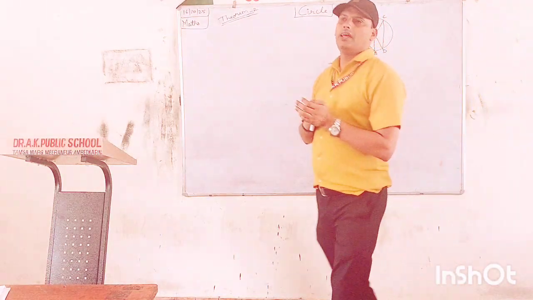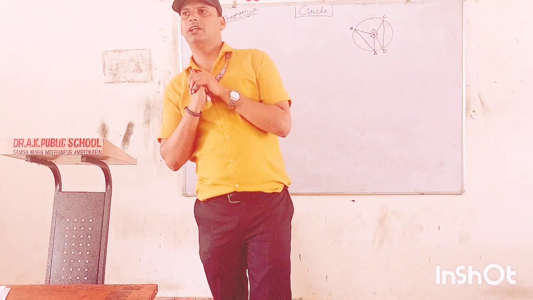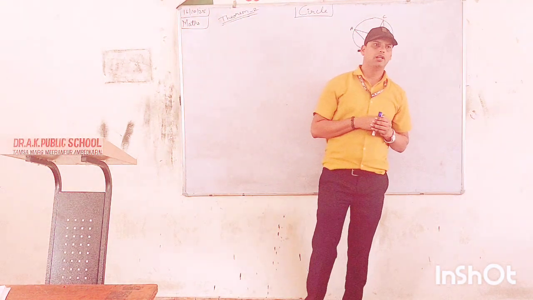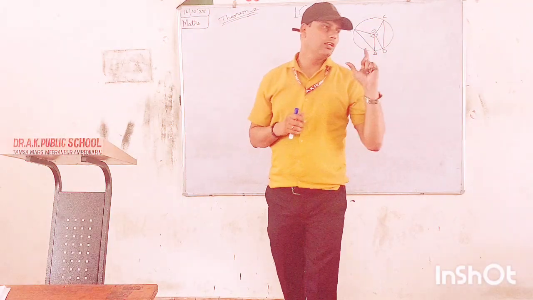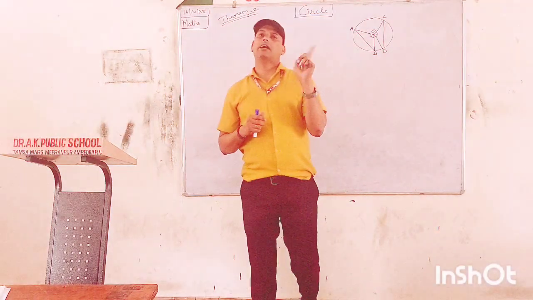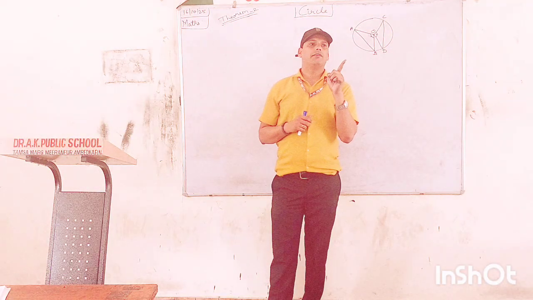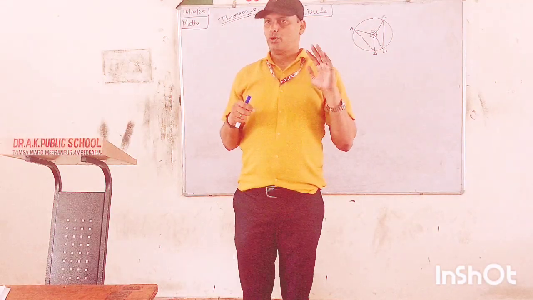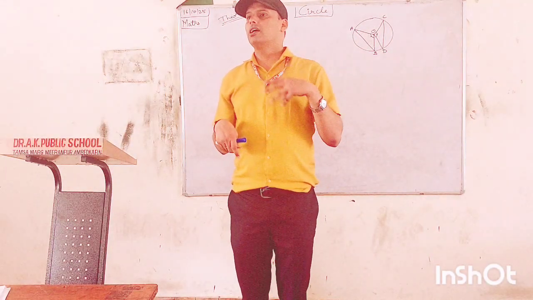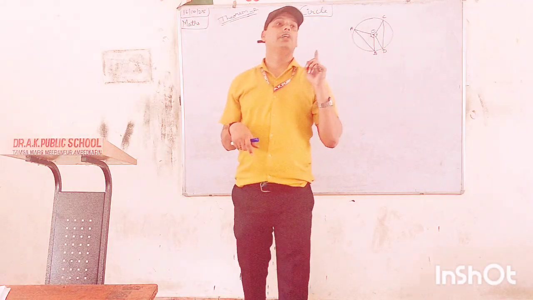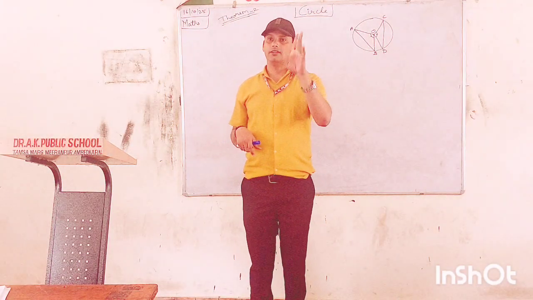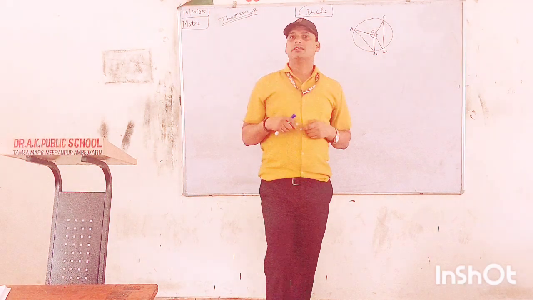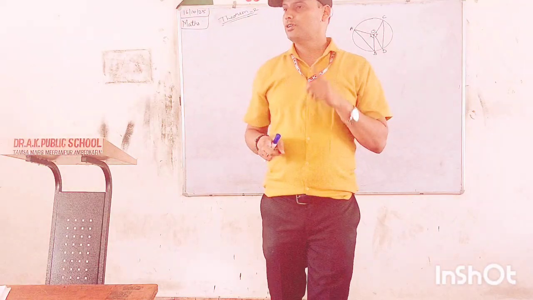In the first theorem it was saying that if two equal chords are drawn in a circle, then they will subtend equal angles at the center. So vice versa, if two chords are subtending equal angles at the center, then they will be equal in length. That is theorem number 2.